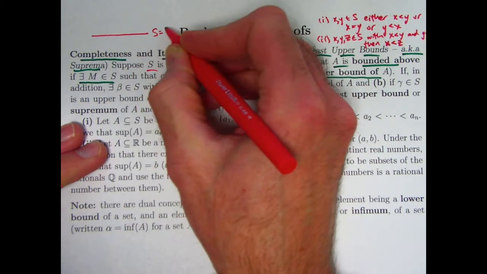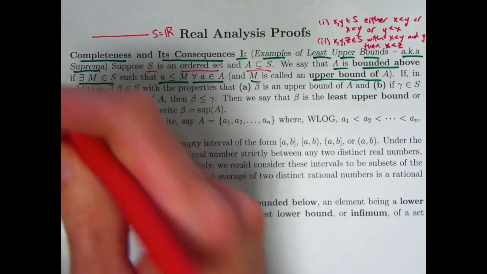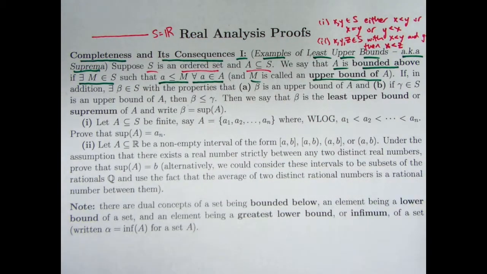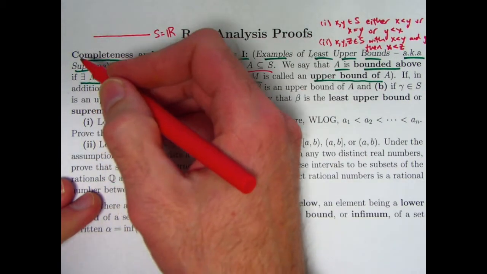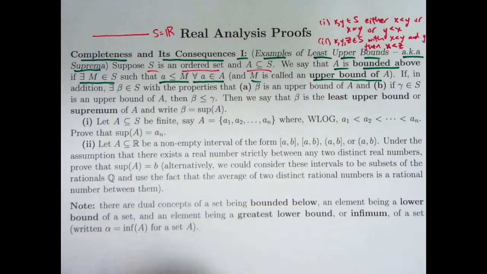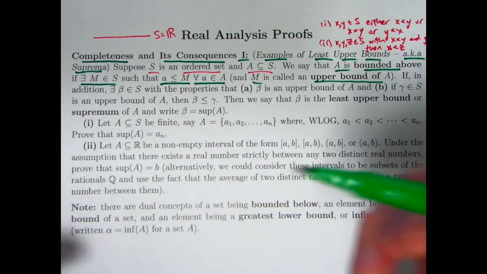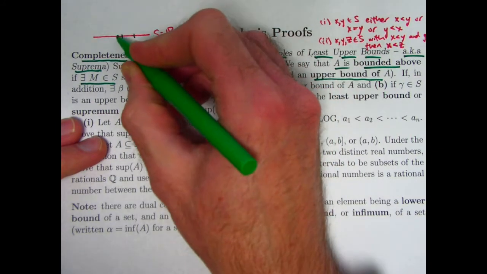We could imagine S is the real number line, the set of real numbers, and by drawing a line you are sort of assuming in your mind an ordering from left to right. Something is less than something else if the first thing is to the left of the other thing. And we could imagine A here as being lots of different kinds of examples. You could imagine it to be a finite set.